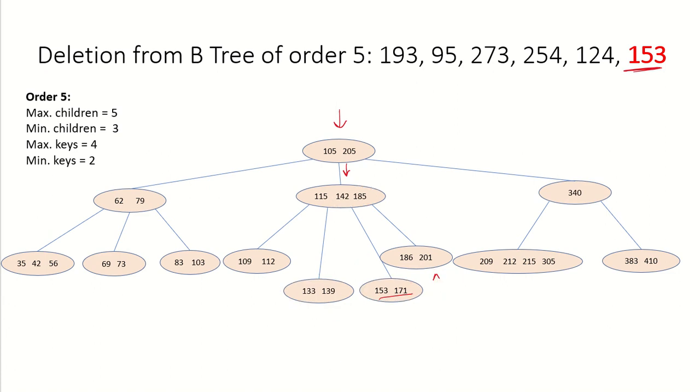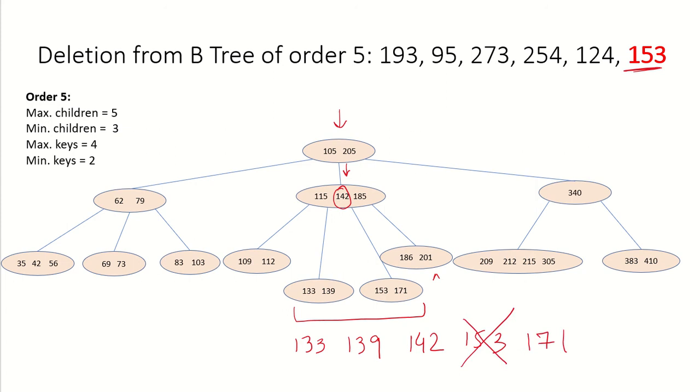So if I merge with the left sibling, it would be 133, 139. The intervening parent is 142, 153 and 171. And then we delete 153, so we will be left with 133, 139, 142 and 171.